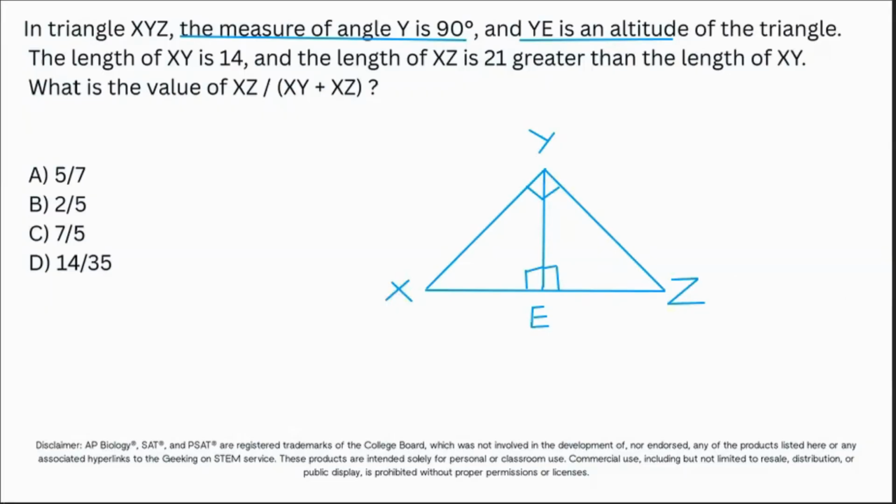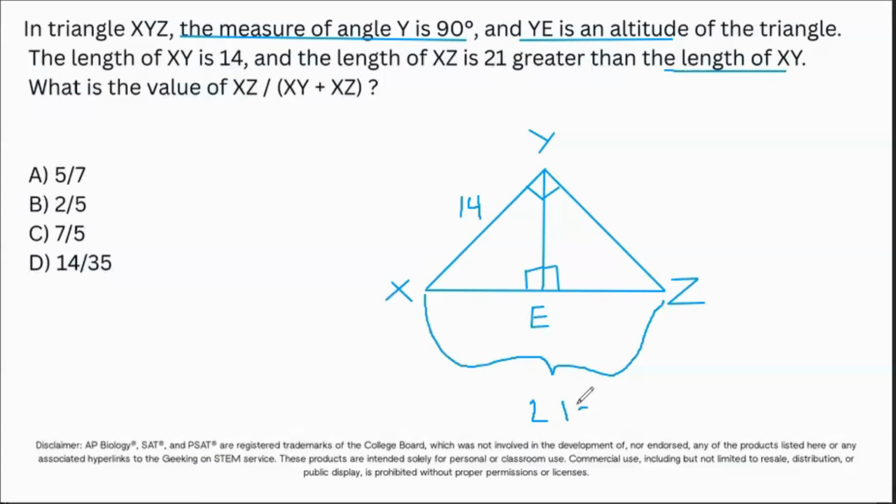They also let you know that the length of XY is 14, and the length of XZ is 21. So they're letting you know that XZ, from here to here, is 21. They're also letting you know that it's 21 greater than the length of XY.